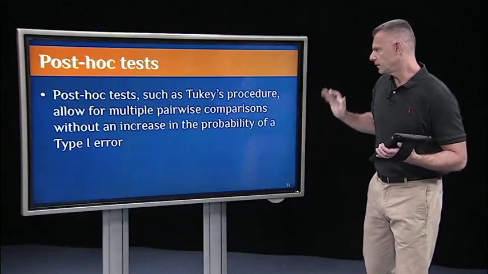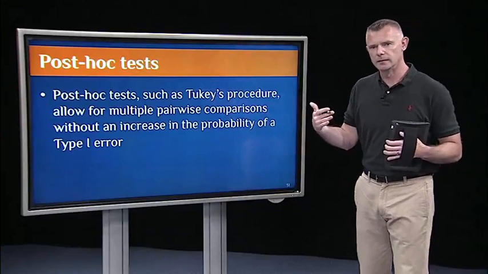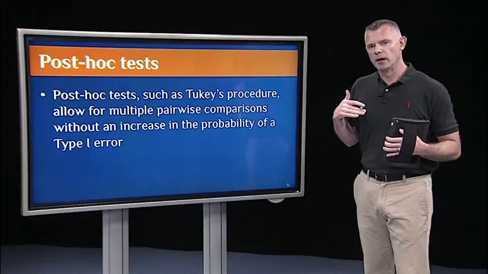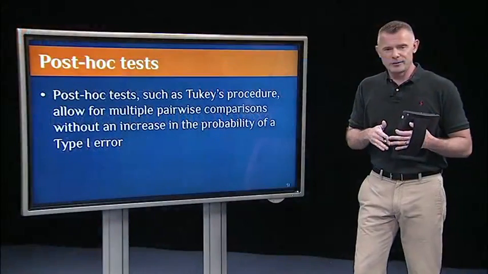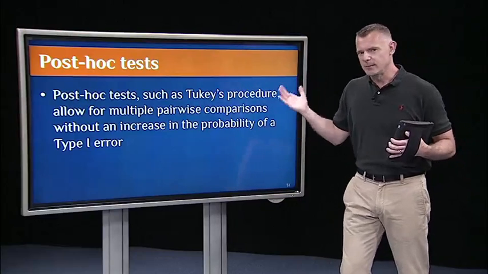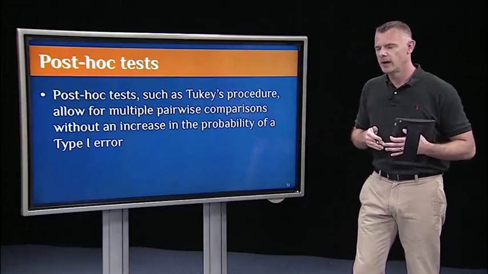Post-hoc tests such as Tukey's procedure allow for multiple comparisons, but they don't inflate the probability of a type 1 error. They're constructed to protect against that inflation of type 1 error by adjusting the p-values. As a result, there are lots of different procedures. Tukey is named after John Tukey, a statistician who actually worked here at Princeton.